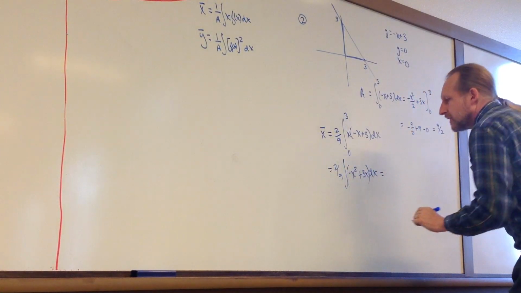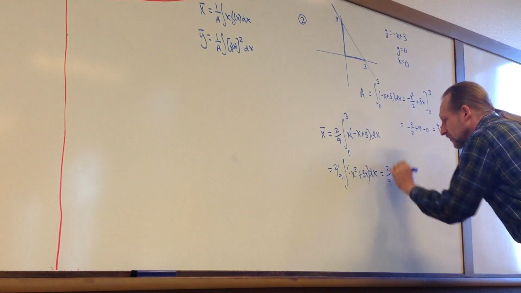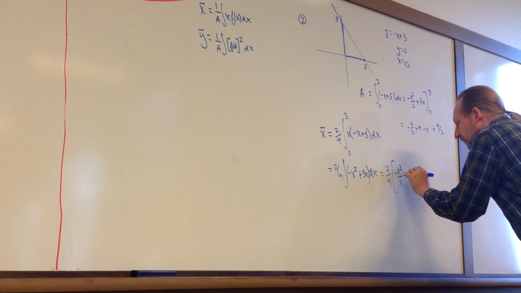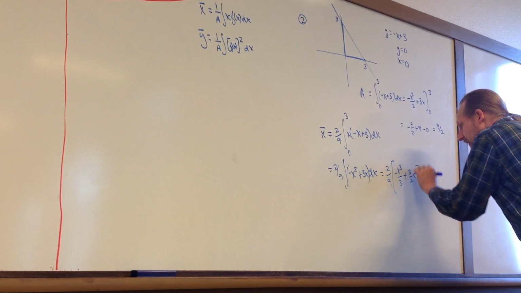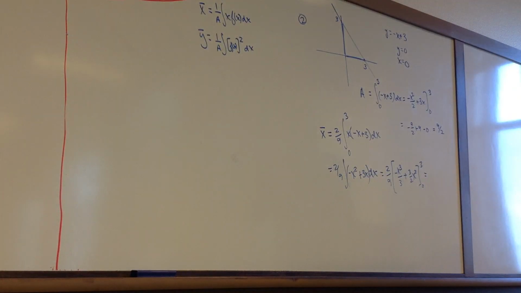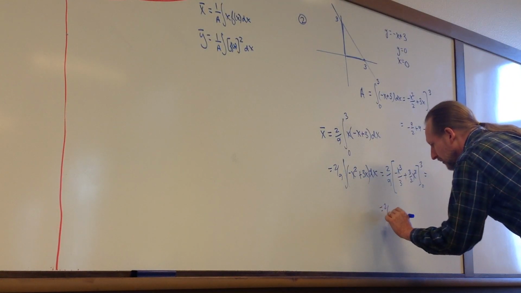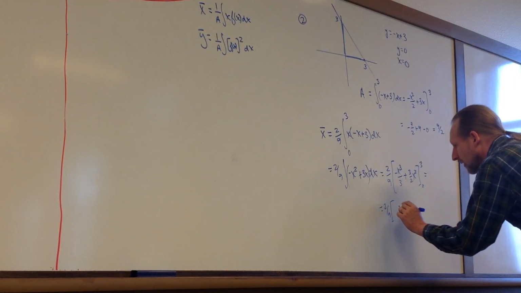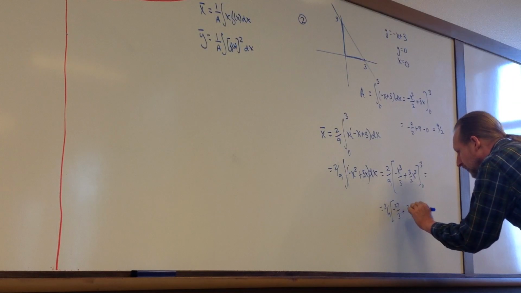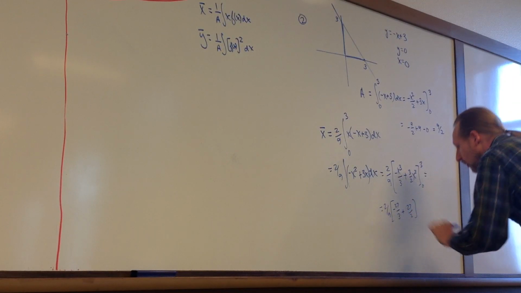And now when we take the integral, 2/9 negative x cubed over 3 plus 3/2 x squared from 0 to 3. All right, let's see here. So this is going to be 2/9 times negative 27 over 3 plus 27 over 2.